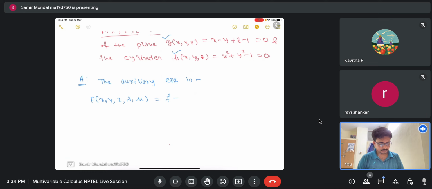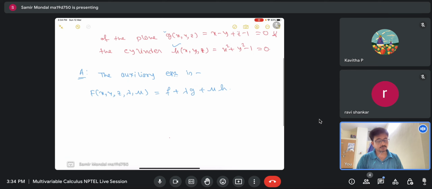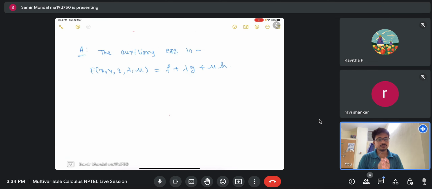So plus λg plus μh. This is your auxiliary equation. Now you have to set the first-order partial derivatives all to 0: F_x, F_y, F_z, F_λ, F_μ equal to 0. We have to do this.